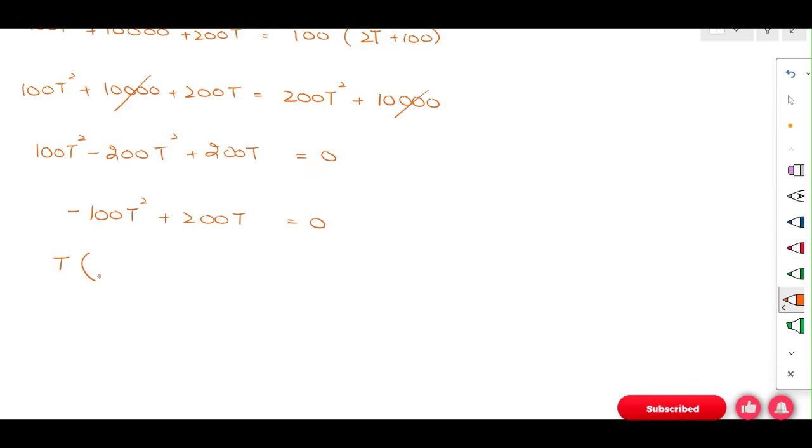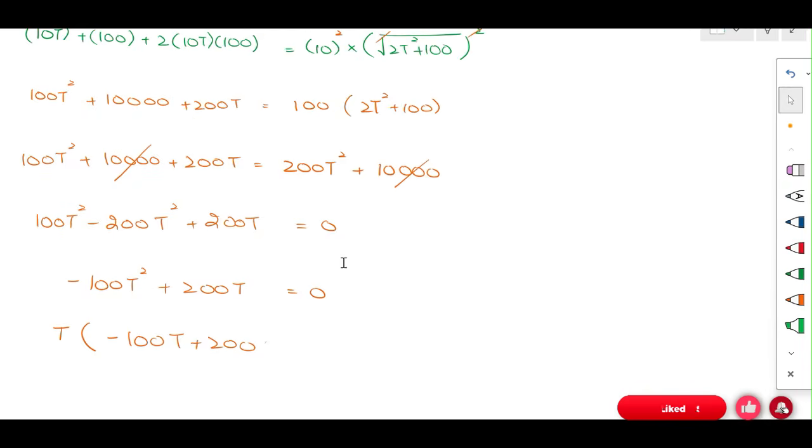Let me take T common. We have T times minus 100T plus 2000. Sorry, I made a mistake over here: 2 into 10 into 100 is 2000 basically.